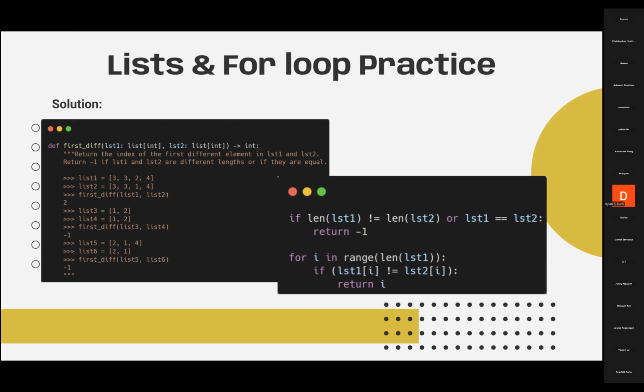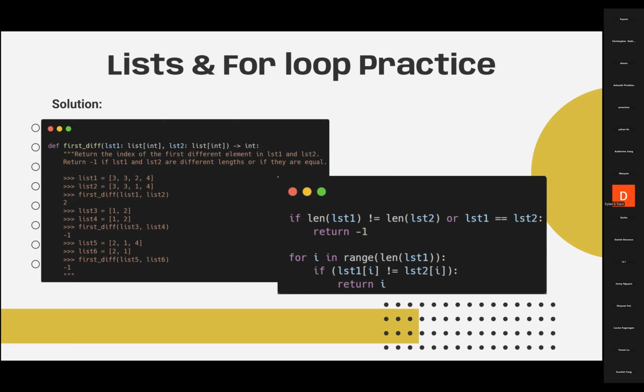If their lengths are not equal, we just return -1. And if the two lists are completely equal, just use the equal operation to check, and we just return -1 as well.